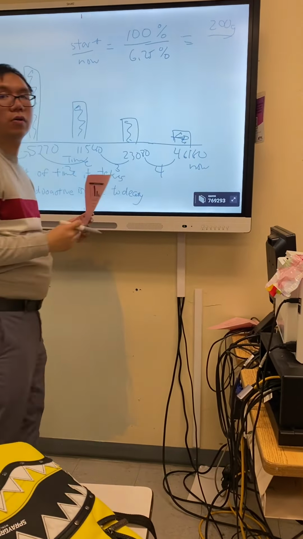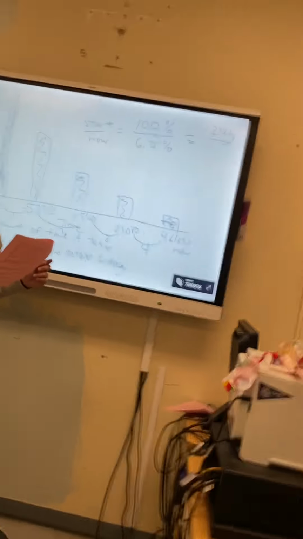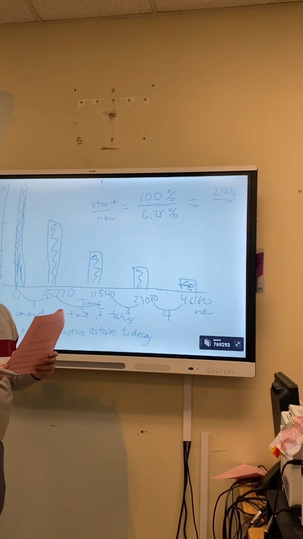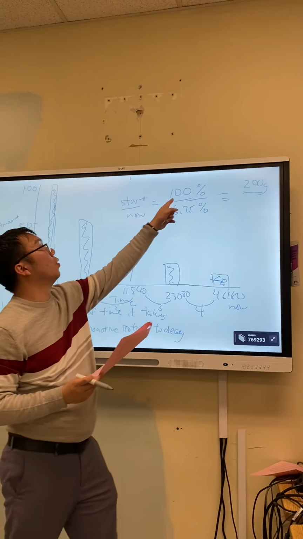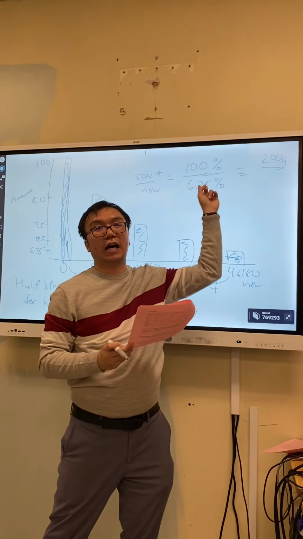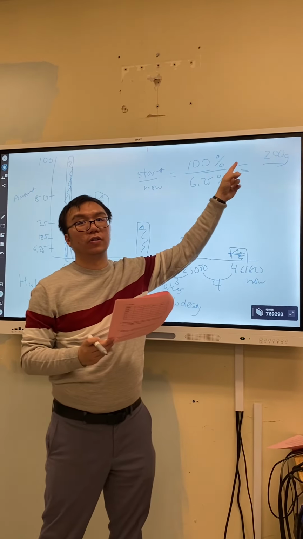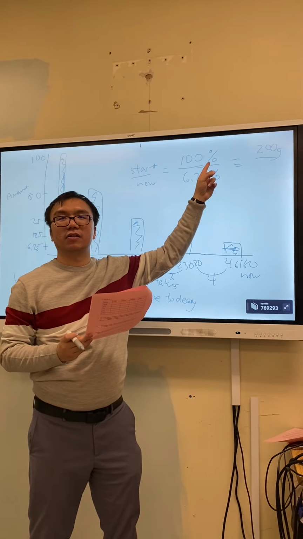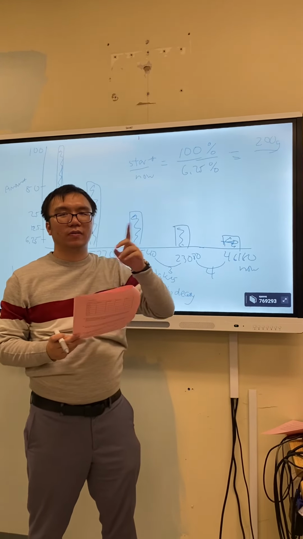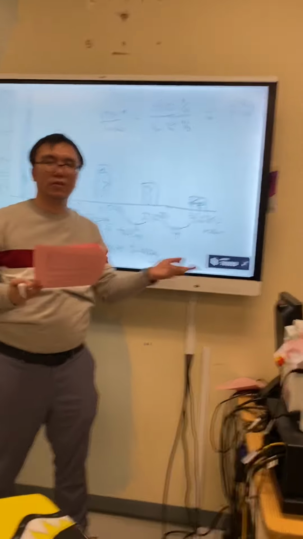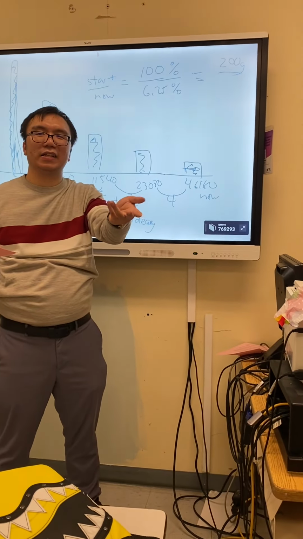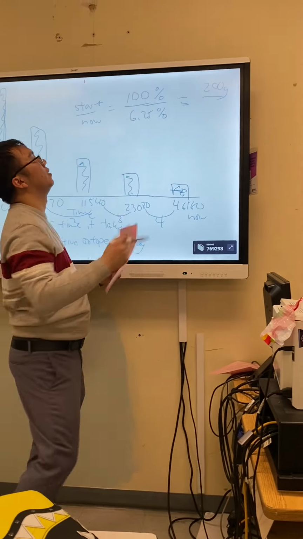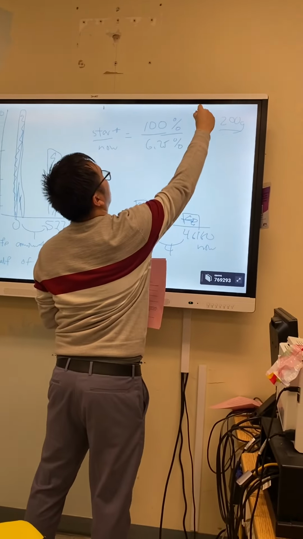How do you go from 100 to 200? We add 100, or you could multiply by 2. So you times 2 over here.